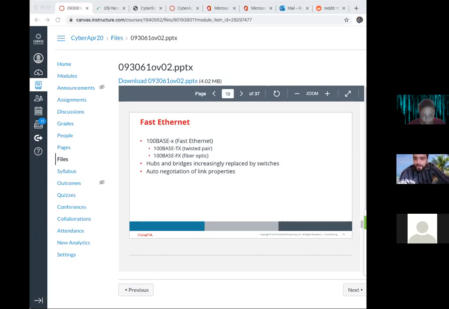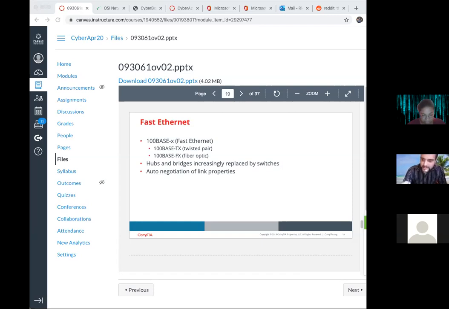And then hubs and bridges are replaced by switches nowadays, because Fast Ethernet only allows for 1 or 2 hubs. So this doesn't really apply if it has a backbone, but really they're not using hubs anymore. They're deprecated. And then we have auto negotiation of link properties. Auto negotiation is going to allow different devices to choose the best connection parameters, whether that be 10 megabits per second or 100, or full or half duplex.